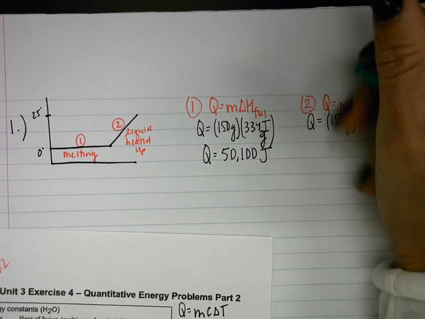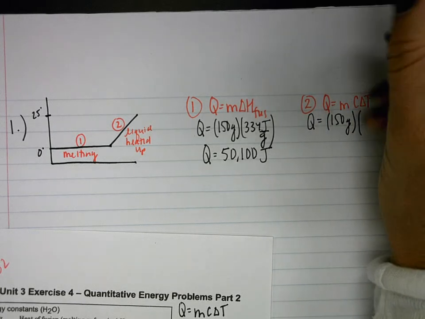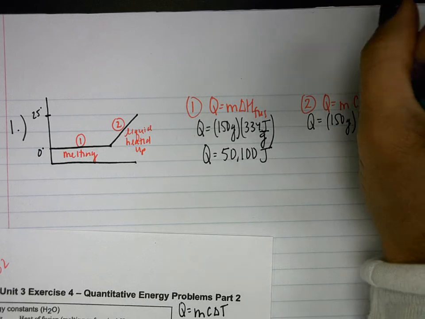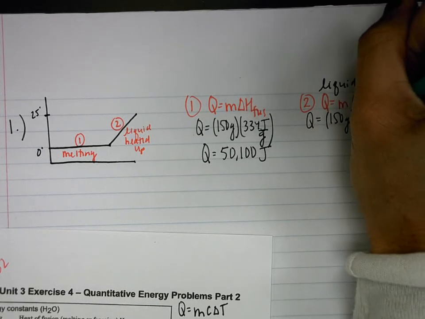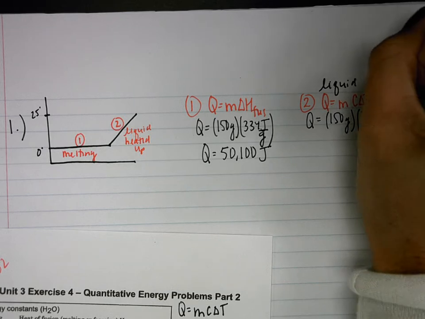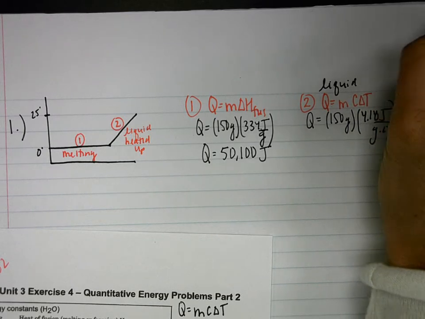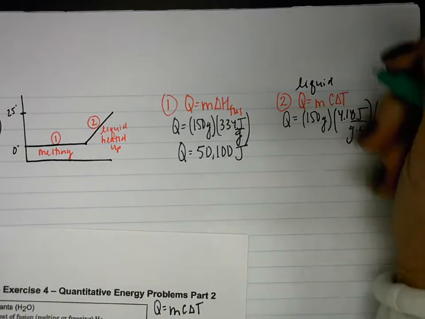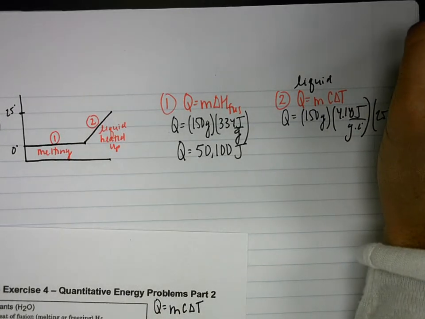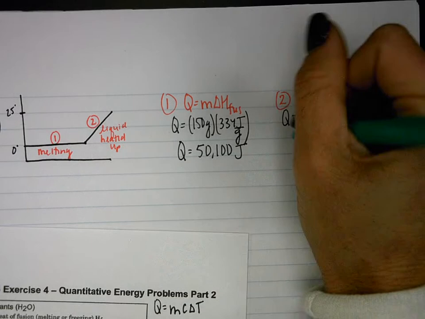Our specific heat for liquid water is 4.18 joules per gram per degree Celsius, times our change in temp, 25 degrees Celsius minus 0.